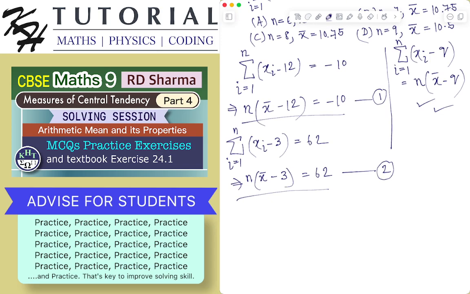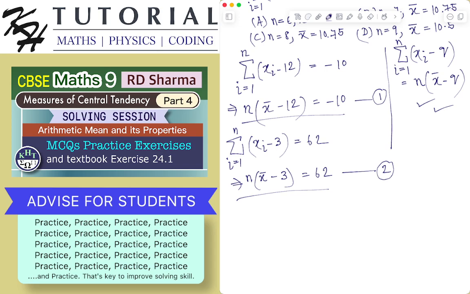Now, from these two equations, how do we find n and x bar? We have to find the value of n and x bar. You can clearly see, if I divide equation 1 by 2, then n will cancel out and I will get a linear equation in x bar. Now this thought must come automatically, and it comes with practice.